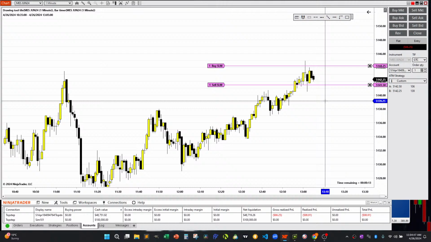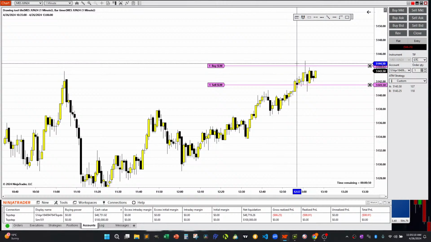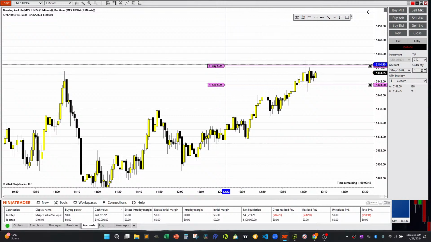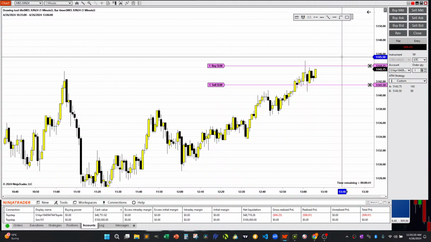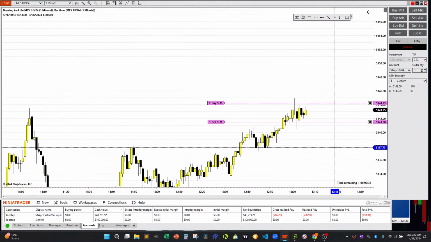Let the inside bars play out. Looks like we're probably going to have a break to the top side again.